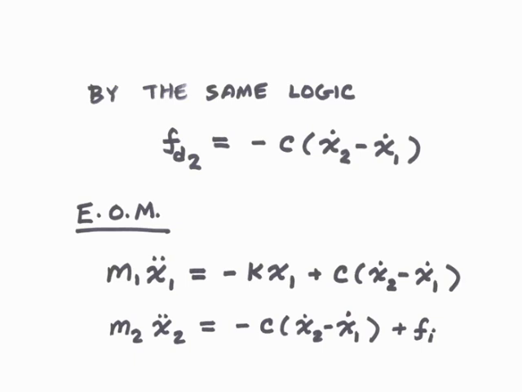So we have expressions for Fs, FD1, and FD2. And we can substitute these into our equations of motion. And we'll arrive at the following. m1 x1 double dot equals minus k times x1 plus c times x2 dot minus x1 dot. And m2 x2 double dot equals minus c times x2 dot minus x1 dot plus Fi.